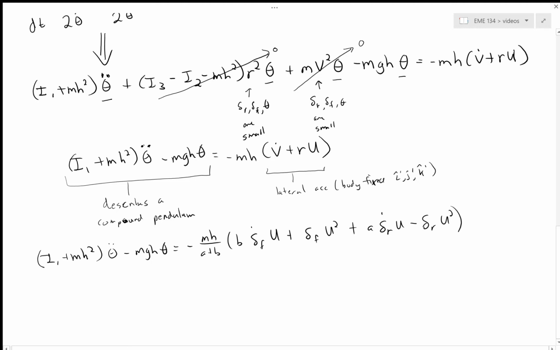Interestingly, we have delta F, delta R, and each of their derivatives in the right-hand side here.